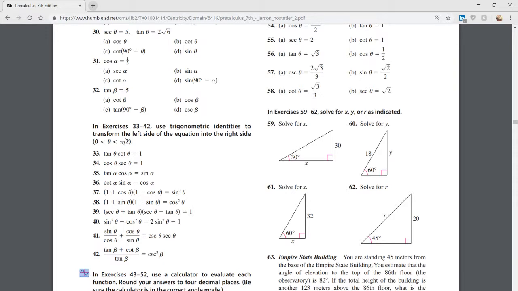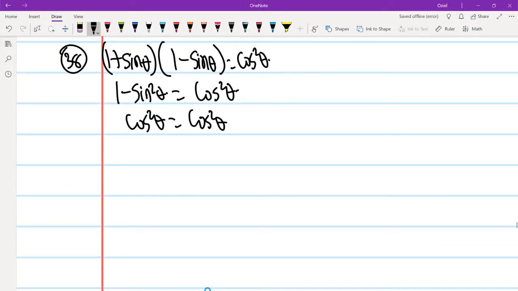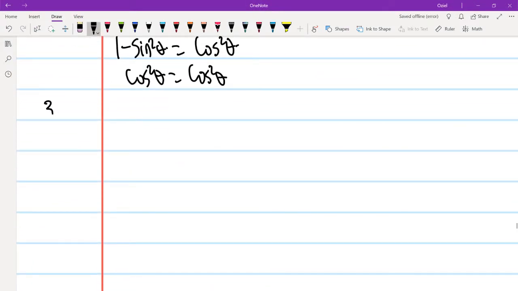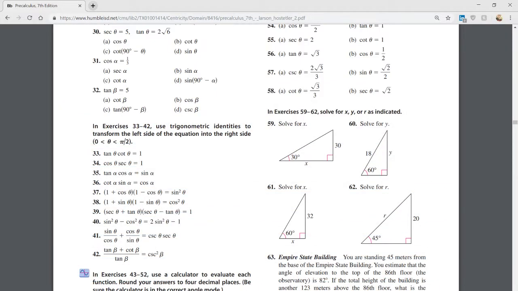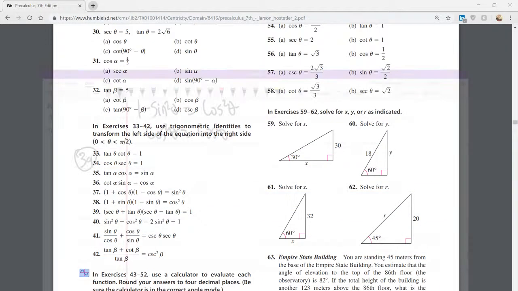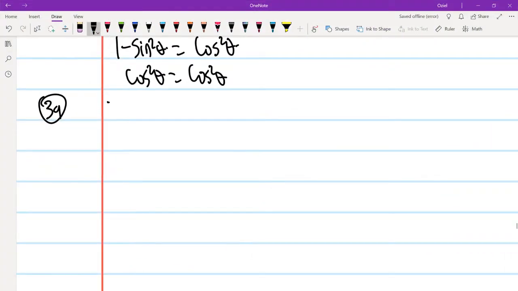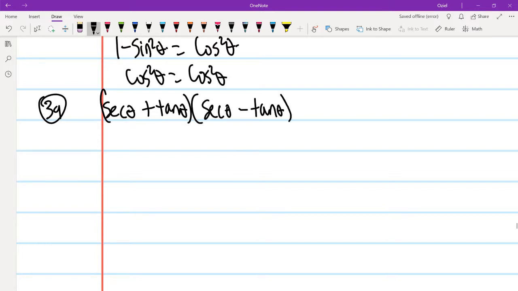Okay, so the next one, number 39, says secant of theta plus tangent of theta times secant of theta minus tangent of theta equals 1.